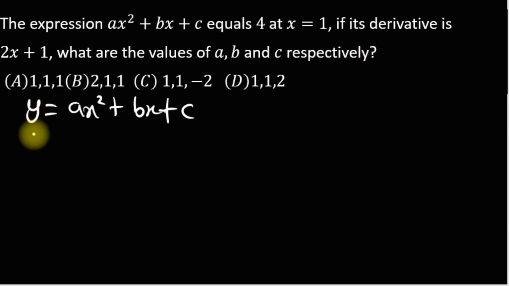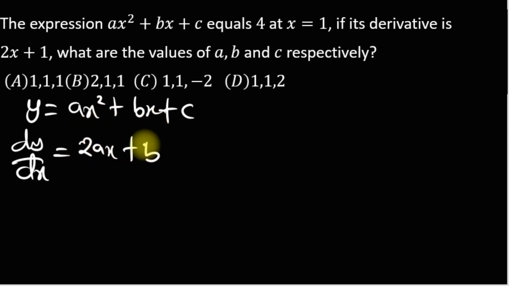They said its derivative, so let's differentiate, is 2x plus 1. So we have dy over dx, because we always differentiate with respect to the variable, which here is x. So we have 2ax plus b, and they told us it is 2x plus 1.